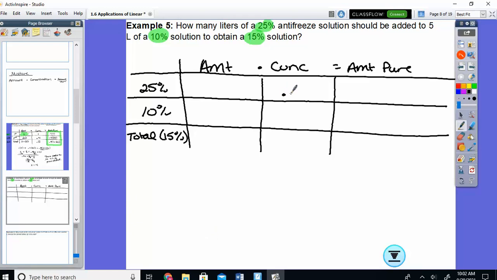So I can fill in my concentrations. For 25% we would do 0.25. For 10% we do 0.1. And for 15% we do 0.15. So you just move your decimal back 2 places.